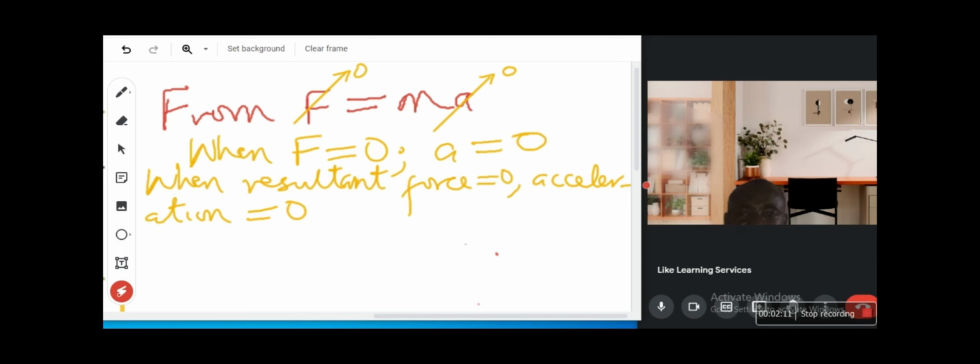What's the implication? When resultant force is equal to 0, it means acceleration is 0, which means the object is moving at a constant velocity.